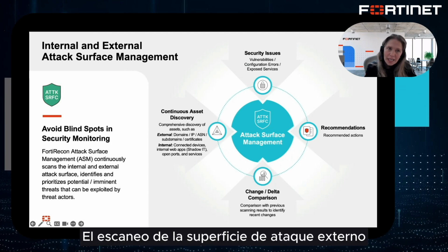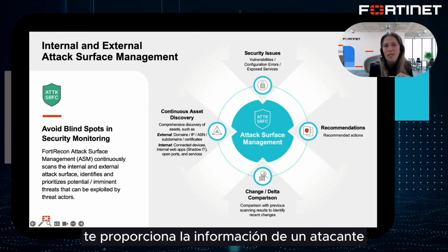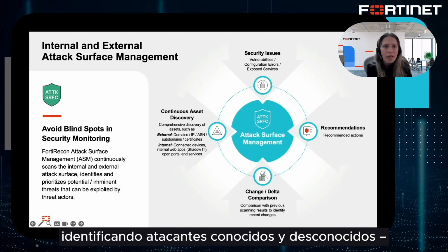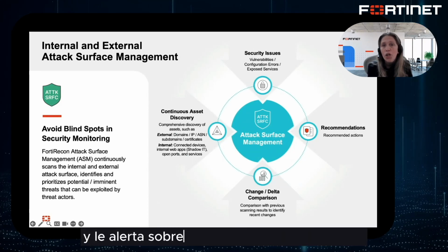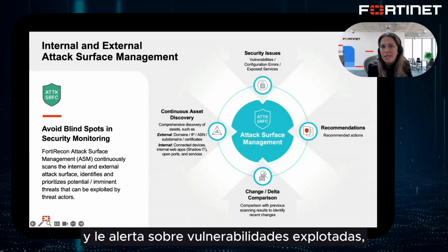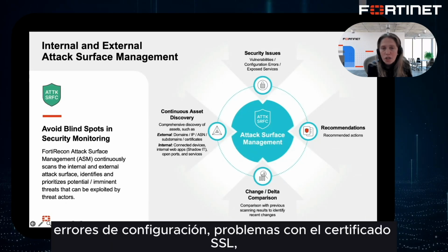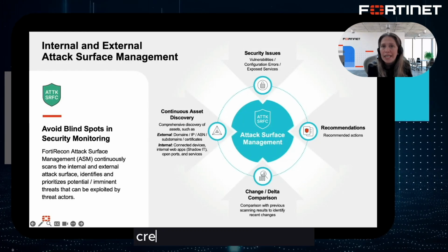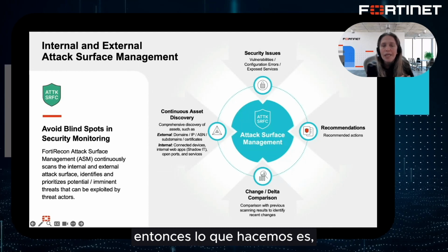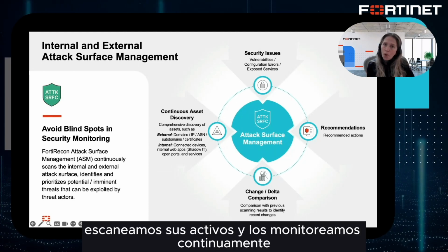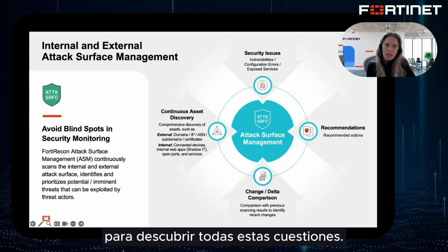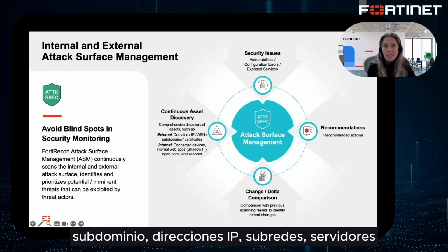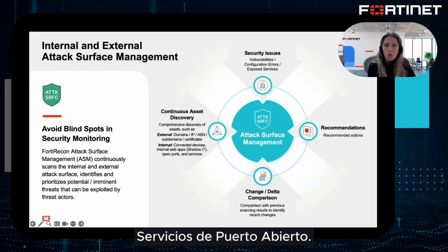The external attack surface scan provides you with an attacker's view into your environment by identifying known and unknown exposed assets and alerts you on exploited vulnerabilities, configuration errors, SSL certificate issues, exposed data services, DNS related issues, credentials, and more. So, what we do is we scan your assets and continuously monitor them to discover all of these issues. What do we mean by assets? An asset can be a domain, subdomain, IP addresses, subnets, servers, open port services.